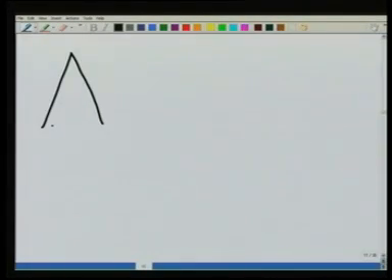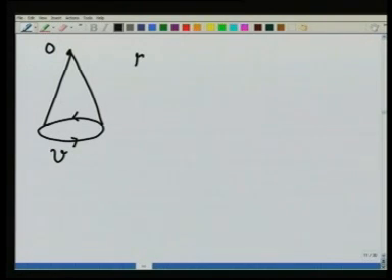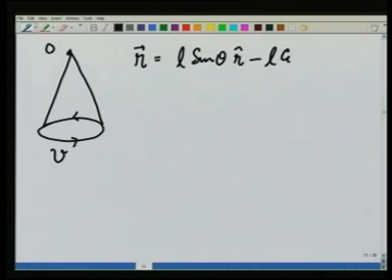Let me again remind you, this is my conical pendulum. The bob is moving around in a circle with velocity v, going in this direction. This is origin O, and we have written r is equal to L sin theta r minus L cosine theta z. The v vector is v phi. This is the bob.